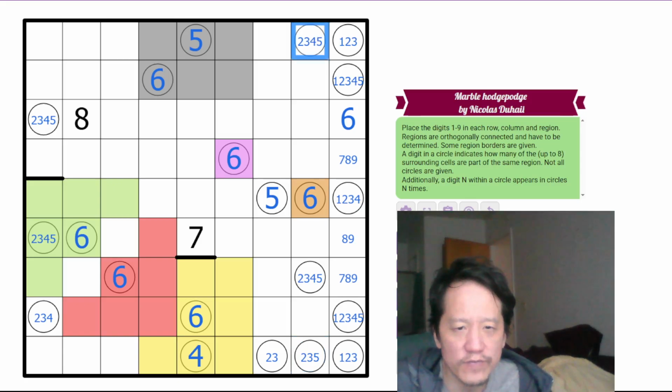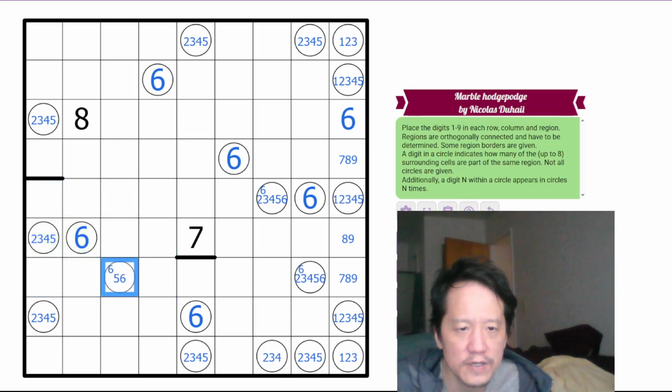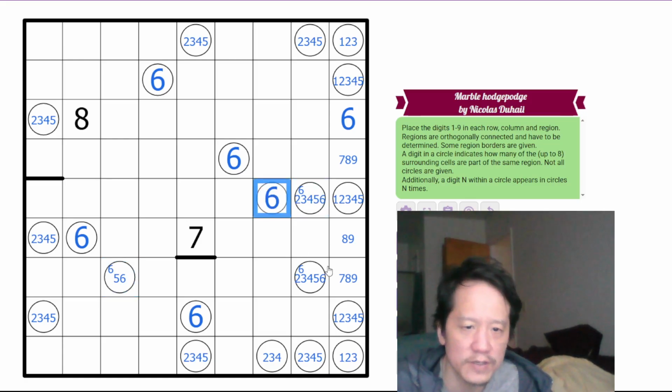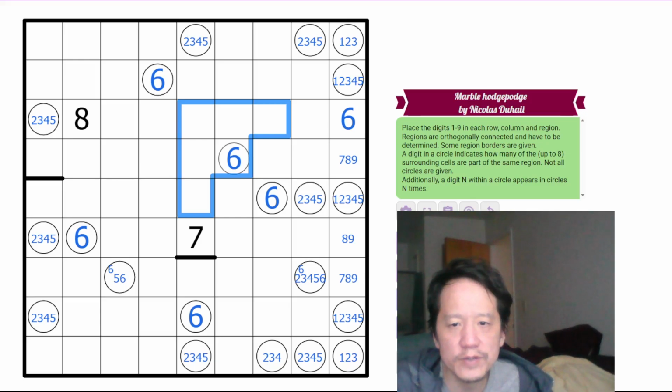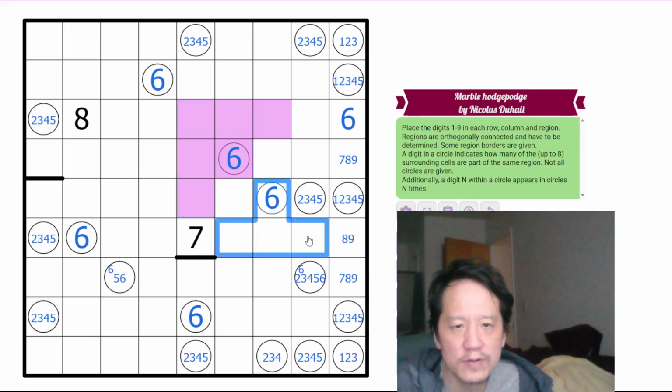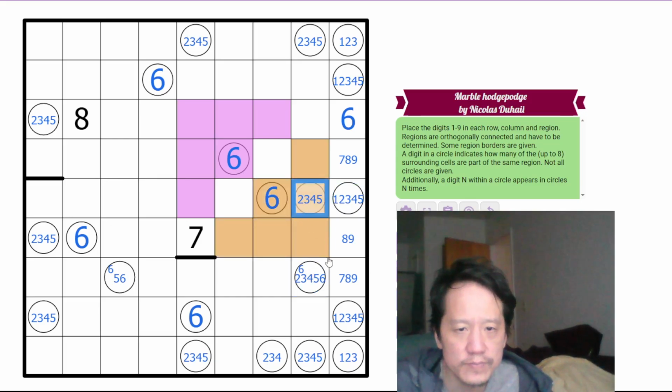So, we've proven essentially this can't be 6. We know this is a 6 here then. So one of these two is a 6. This cannot be 6. We know this is part of one set and this is part of another.